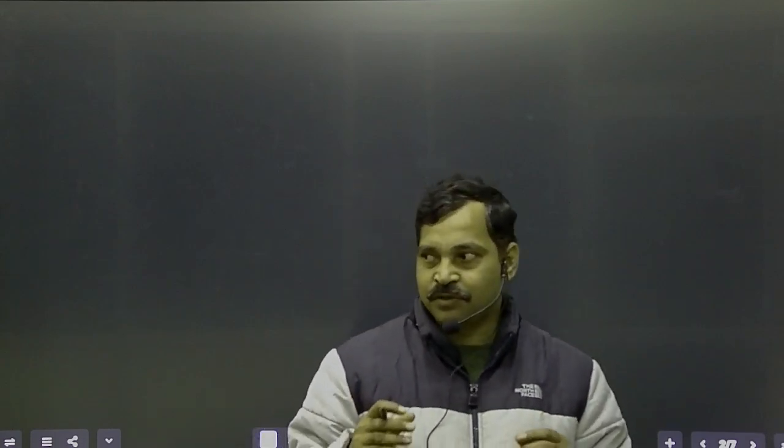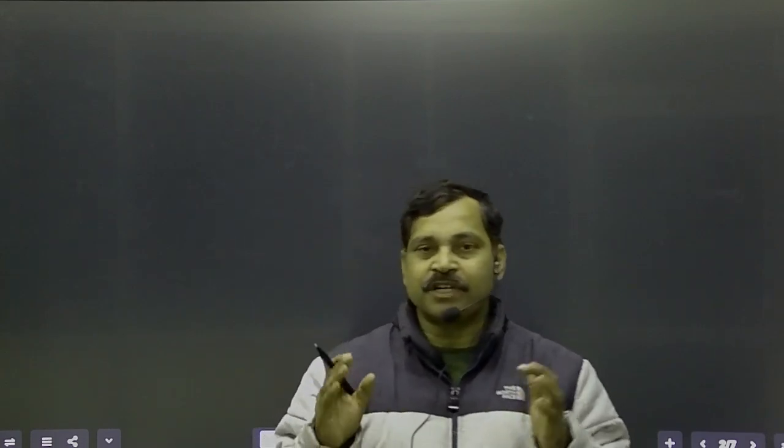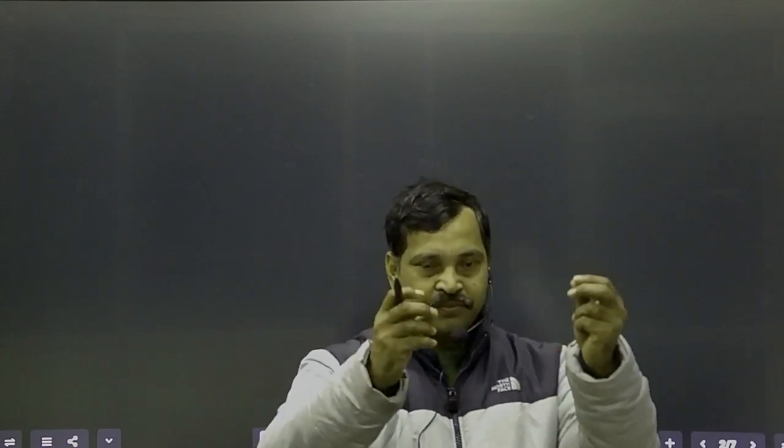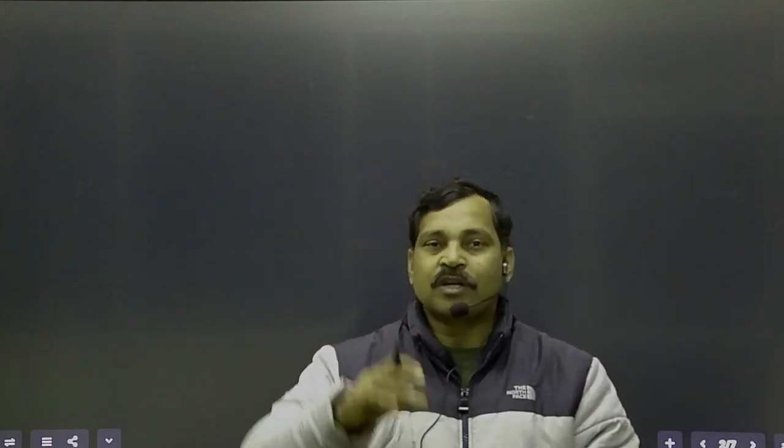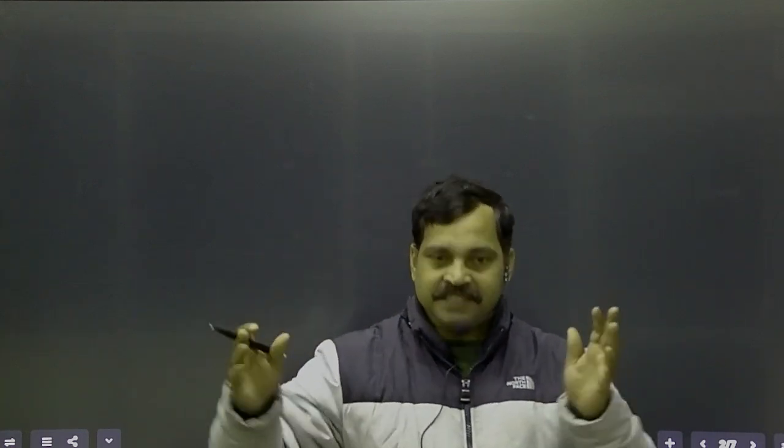Hi students, today we will discuss the electrostatic potential energy of a system of n point charges. If point charges are there in a particular configuration, then what will be the total potential energy of the system?